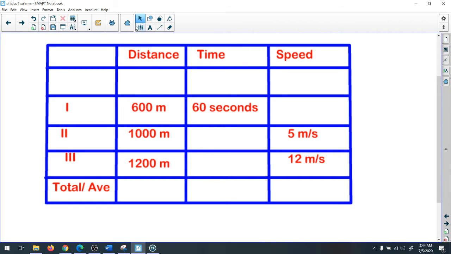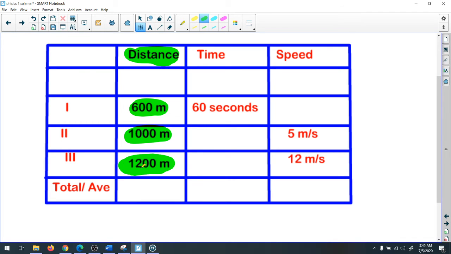So we need to fill out this table. This is the column of distance, and here we need to add the total distance.